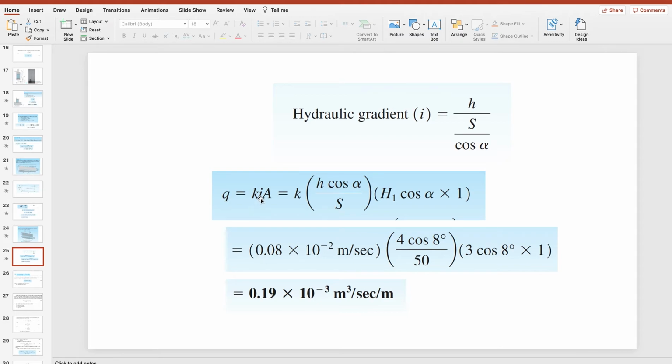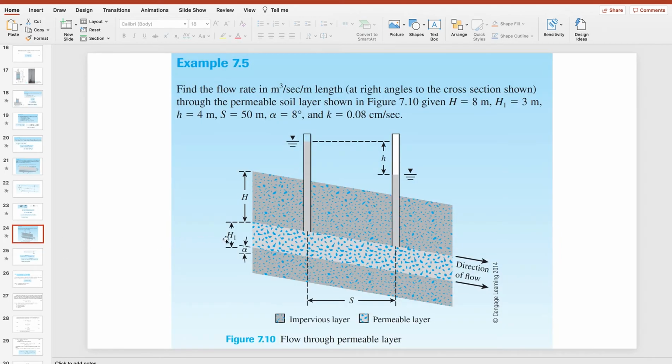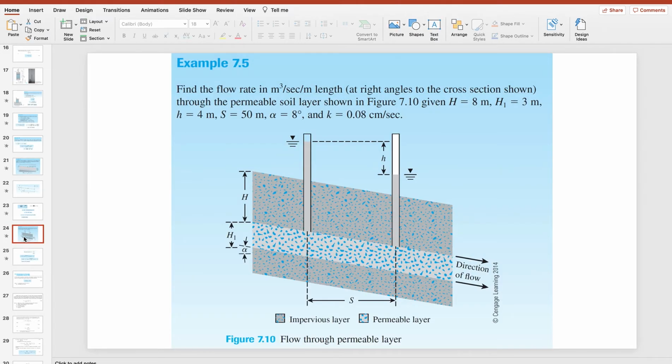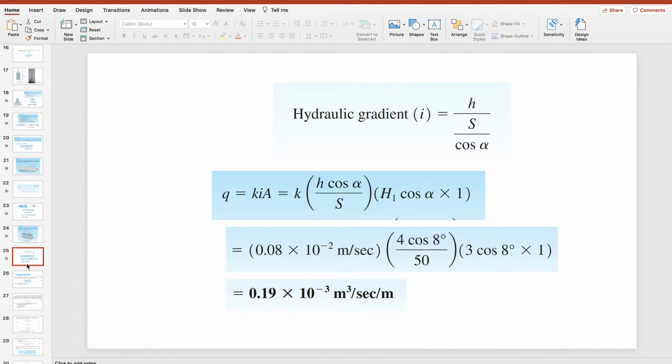So, Q is equivalent to Ki times A. So, that is K times I times the area, H sub 1 times 1. That is, our H sub 1 is 3. So, 3 cosine 8. Substituting, K is 0.08 times 10 raised to negative 2.